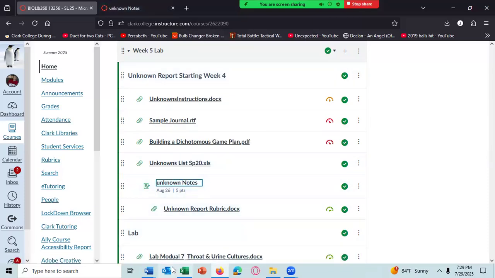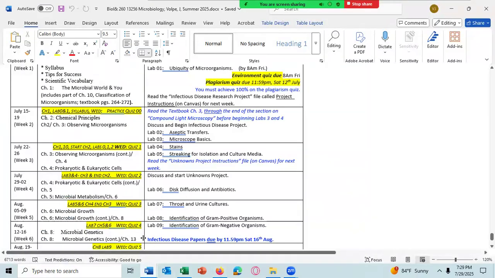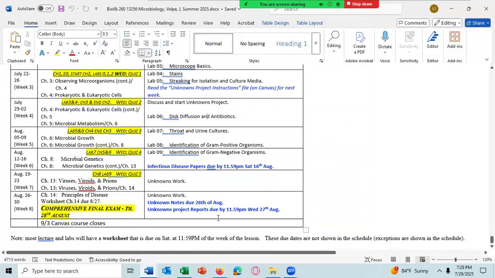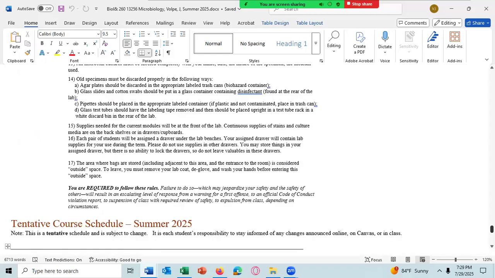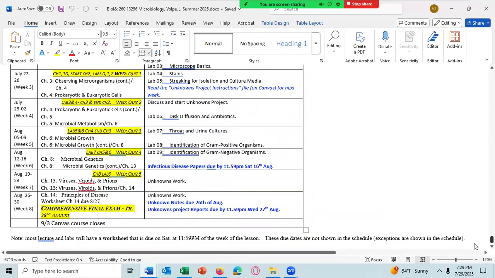It's due near the end of the term, one day before the project is due, and the unknown notes pages will close on August 26th. Your project is due on Wednesday, August 27th.